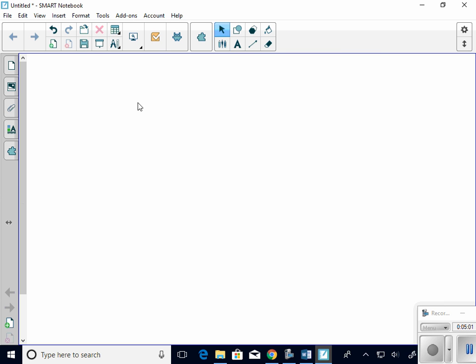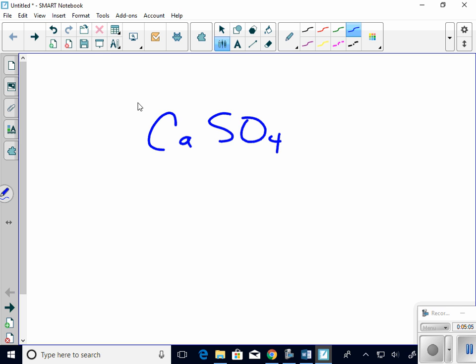Here's another thing that I see. Here is the correct formula for calcium sulfate right there. Calcium sulfate is CaSO4. What I see people doing is this. They don't put anything past the parentheses, but they just have CaSO4.